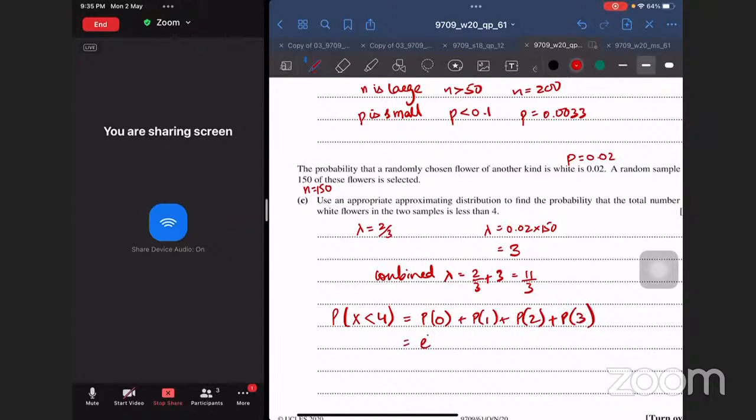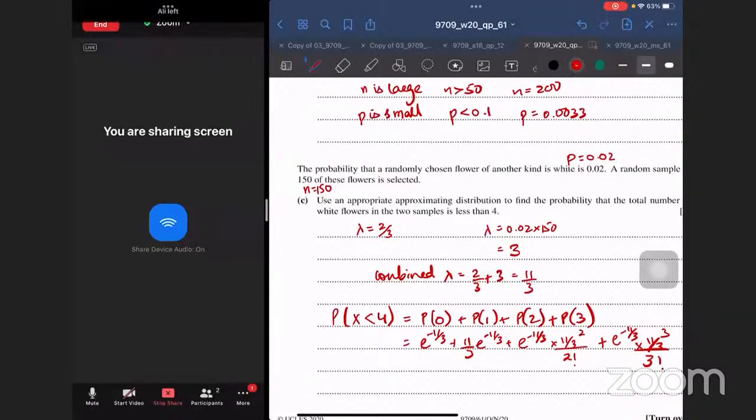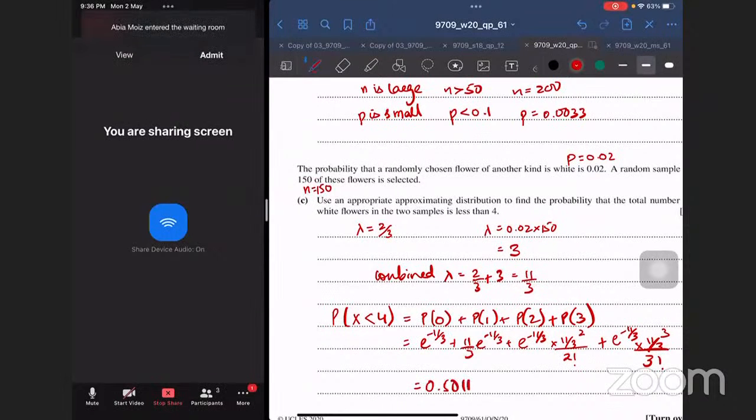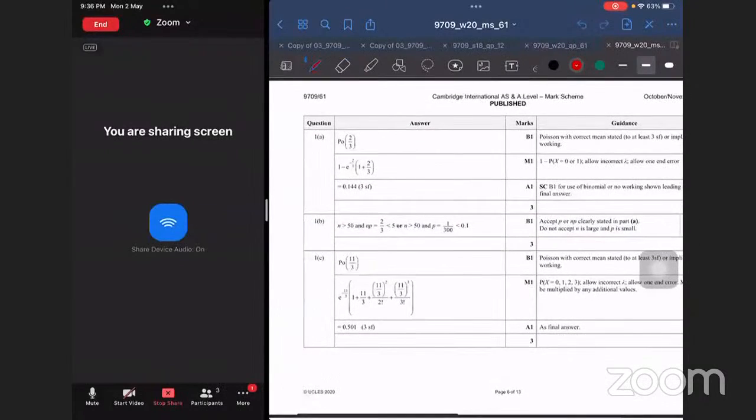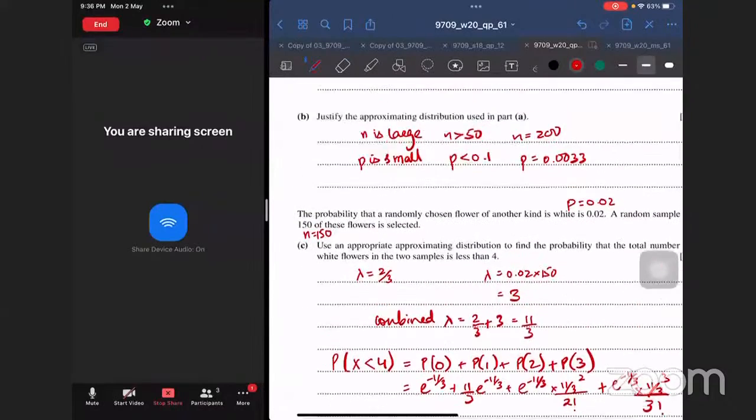So I'm going to add up e power minus 11 over 3, plus 11 over 3 times e power minus 11 over 3, plus e power minus 11 over 3 into (11 over 3) squared over 2 factorial, plus the next term. It should be 0.5011. Okay, that was question number 1.